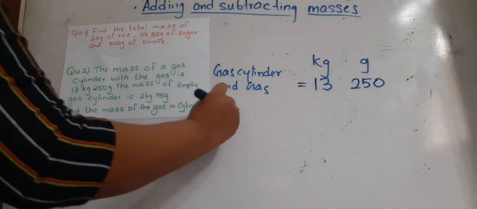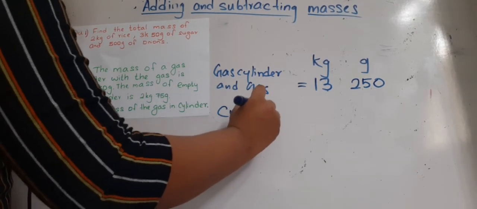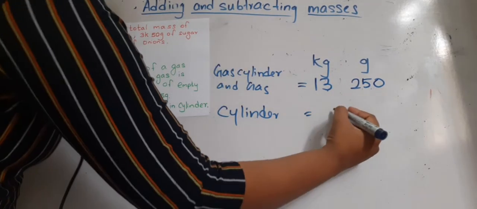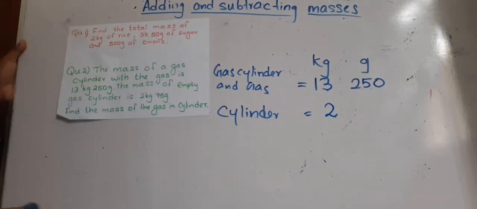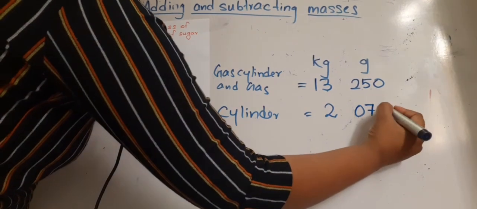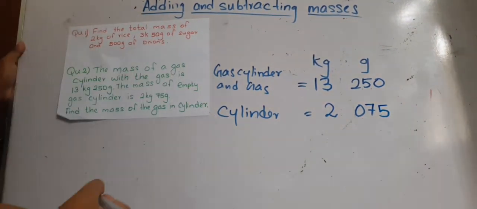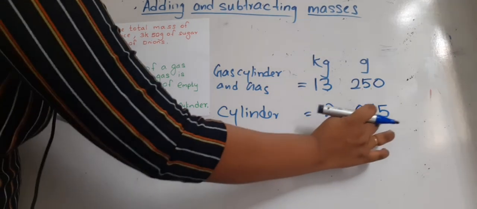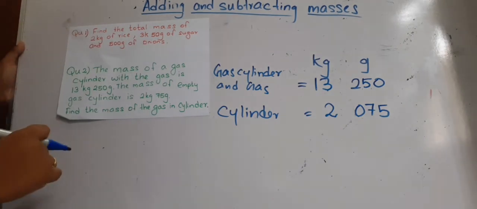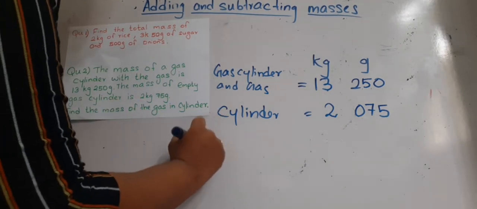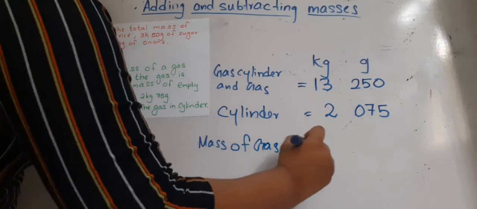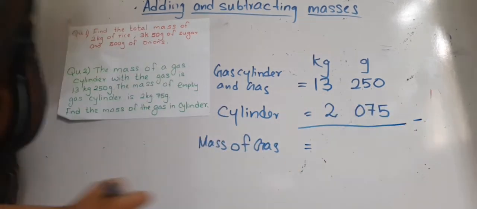Now the weight of the cylinder only is 2 kilograms 75 grams. 2 kilograms. How do we write 75 here? You remember what I said before? Write in 3 digits, 075. If it is 750, it doesn't matter. This is 75, so 0, 7 and 5. Now to find the mass of the gas only, we need to subtract this.